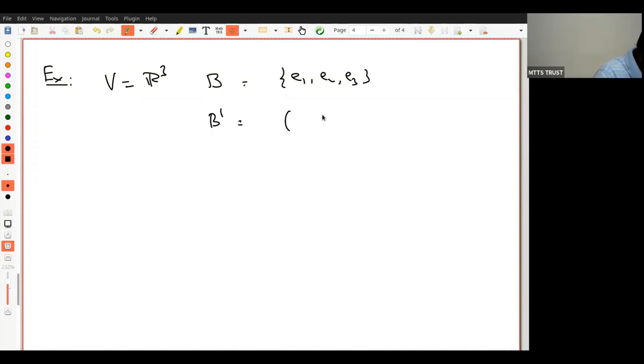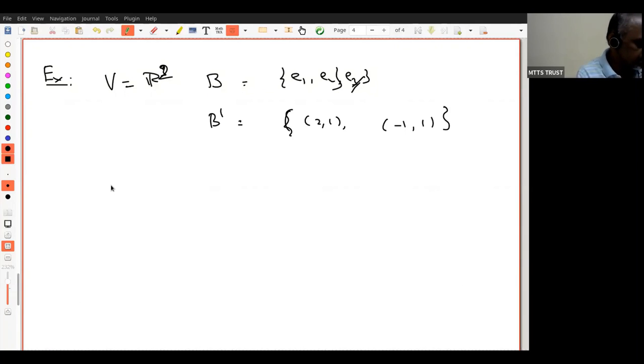I think I did something for R3, but here what I have is only R2, so let me stick to R2. Okay. And this is, let us say, 2, 1 and minus 1, 1. This is the basis, right? Okay. Then you want to write this basis.